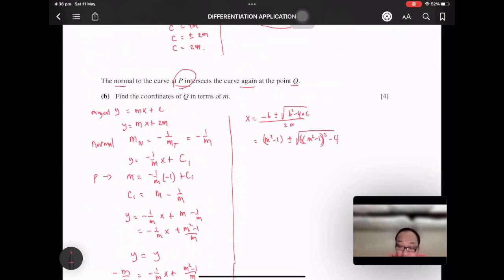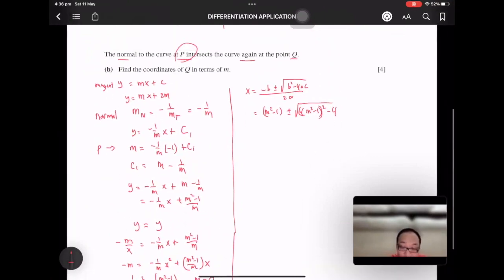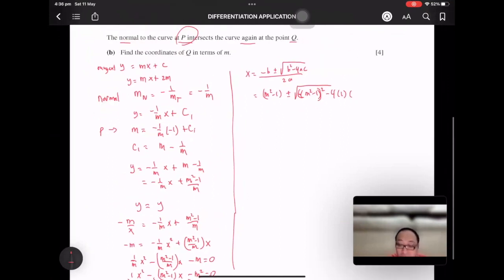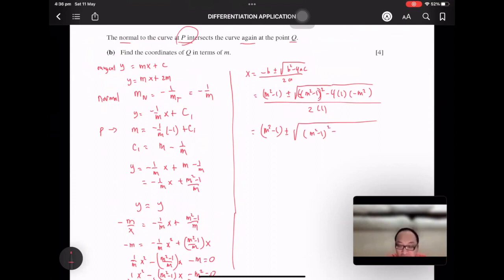Minus 4, a will be 1, and c will be negative m squared, over 2a, 2 times 1. So m squared minus 1 plus or minus the root of, I rewrite as, m squared minus 1 squared plus 4m squared, over 2.